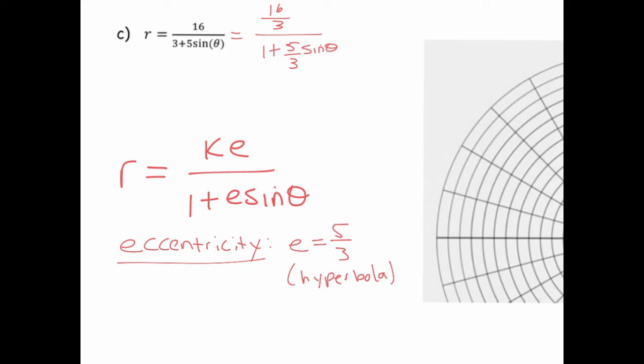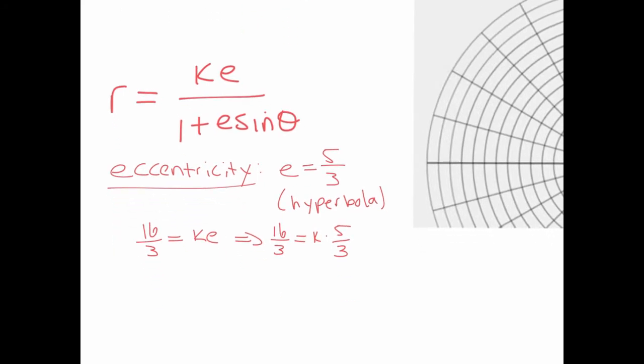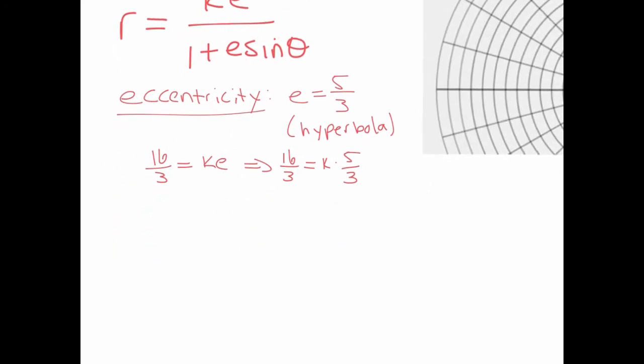And then since ke is supposed to be 16/3, and we know that e is equal to 5/3, we can find k. So multiplying both sides by 3/5 will give me that k is 16/5.